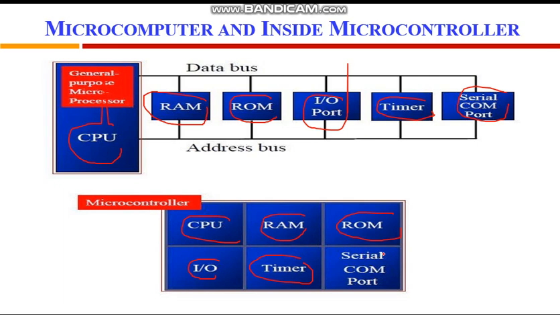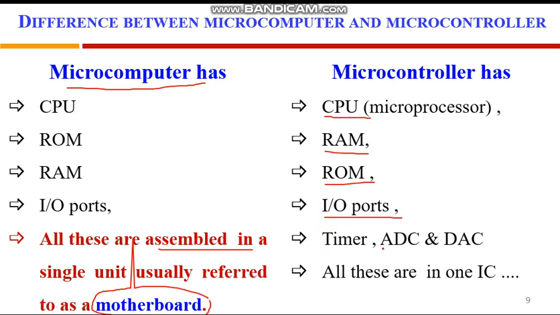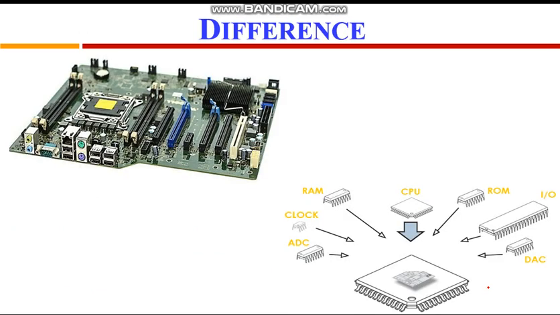So we have peripherals on a PCB, and we have peripherals on an IC. So we can say this microcomputer has a CPU, ROM, RAM, IO ports assembled in a single unit called a motherboard. And the microcontroller also has a CPU, RAM, ROM, IO ports, timer, ADC and DAC, but everything on one single IC. So you can see a difference here.